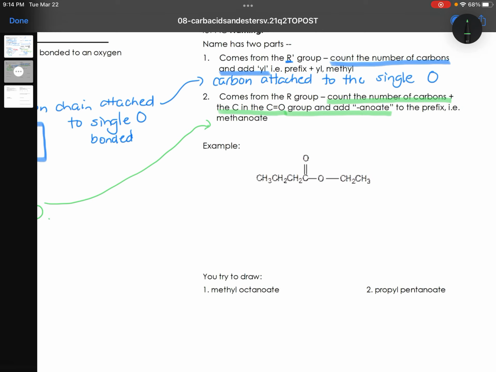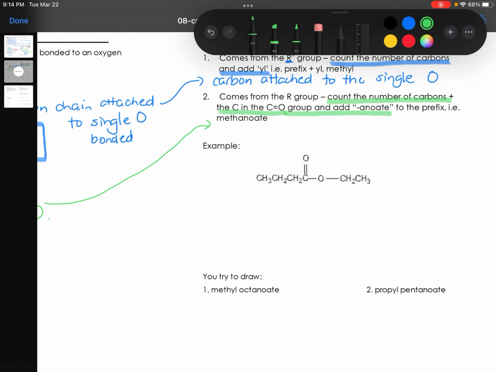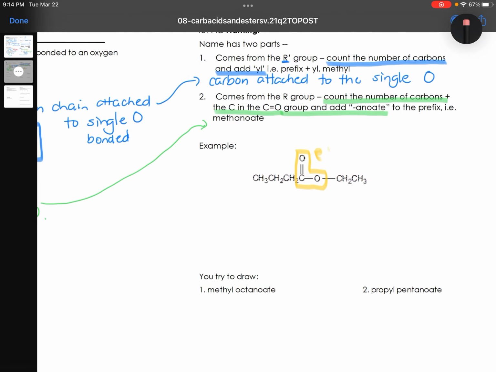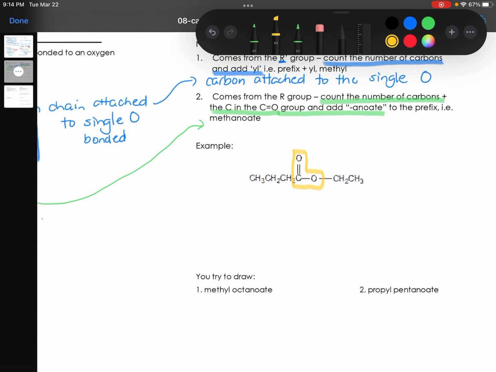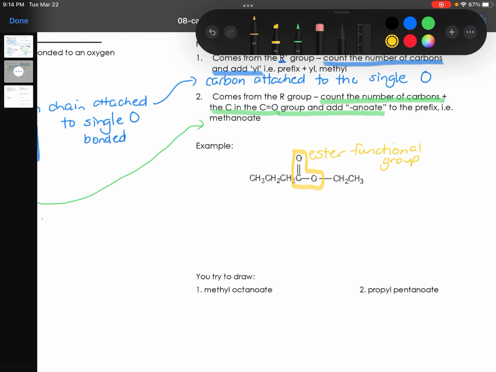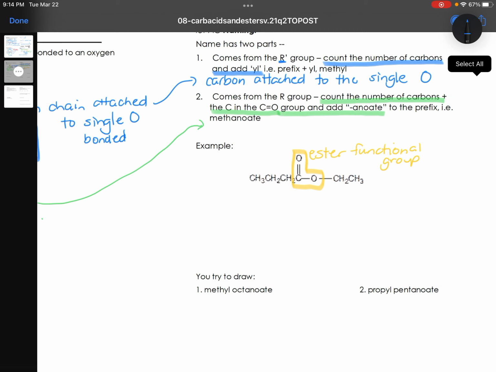So if you look at this molecule here, it is condensed, but that's okay. Recognizing that the carbon with a C double bond O and an O attached to it is the ester functional group. So when you look at a molecule, that's how you know you have an ester. And then what you look for is splitting the name. So how many carbons are connected to the single bonded oxygen?